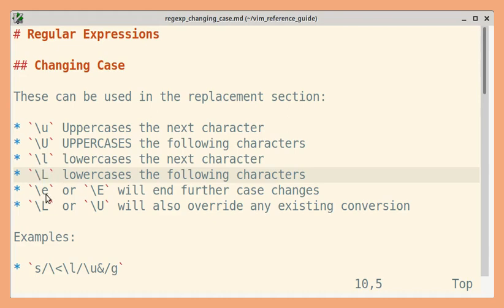By using backslash and lowercase e or uppercase E, you can stop case conversions. You can also use backslash and uppercase L or uppercase U to change further conversions. In other words, this will override the existing conversion.